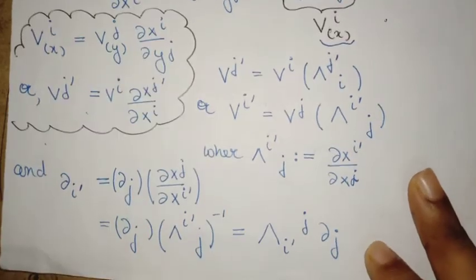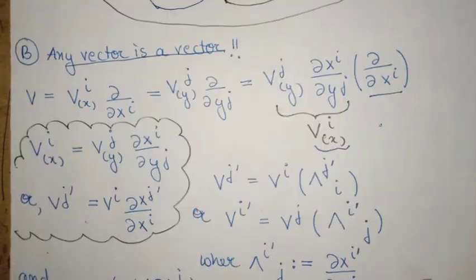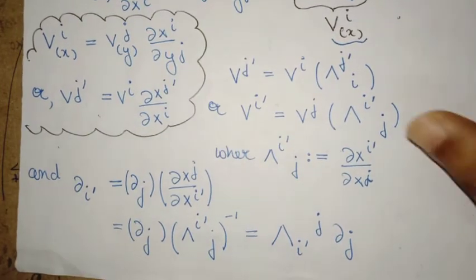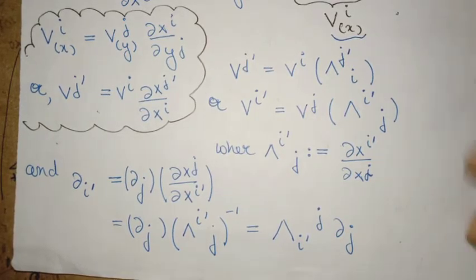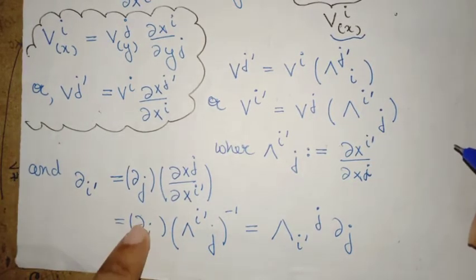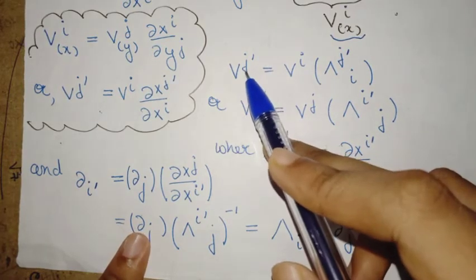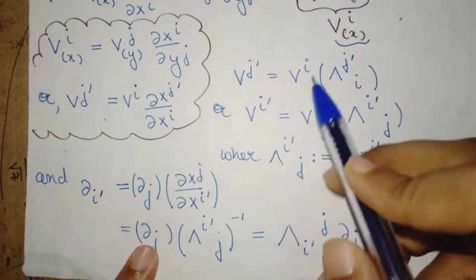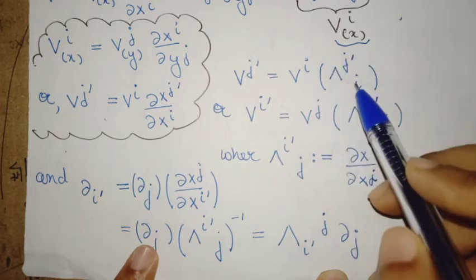So this was how the transformation of vectors is obtained, and you can see that there is a small example here. It is just the Lorentz transformation. The Lorentz transformation that we know can be said to be a transformation that goes from the x basis to the y basis via this Lorentz matrix.